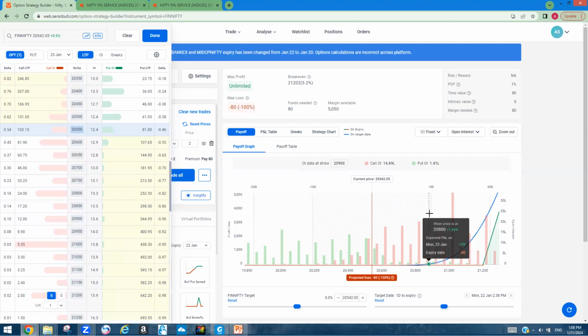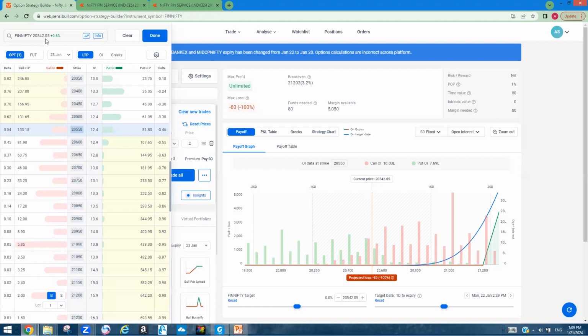So at 11:30, for example, you choose a 100 point away call option. Suppose we are at 20,540. This is just for example, I'm telling you, imagine at 11:30 on the expiry date, you are trading and you are taking this position.